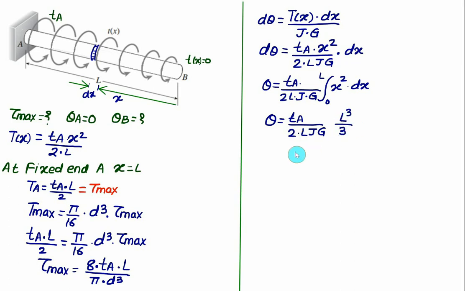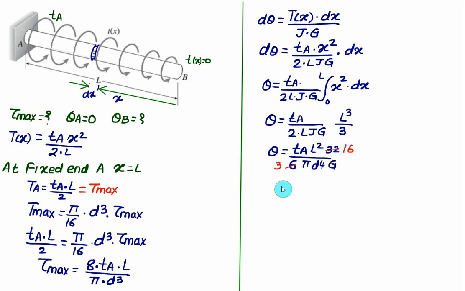So one of the L will get cancelled. In the numerator we are left with L square. So we have theta equal to Ta. One of the L is cancelled, so we have L square divided by 2 into 3, that will be 6, and the value of J, equal to pi divided by 32, will shift to the numerator, into d to the power 4 multiplied by G. So if I divide by 2, I will get this term equal to 3 and this term equal to 16.